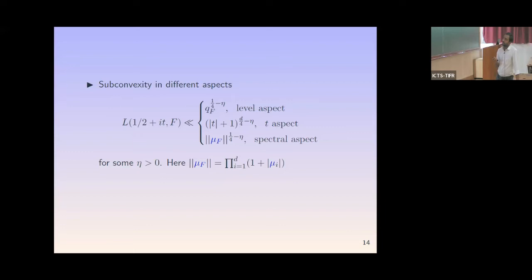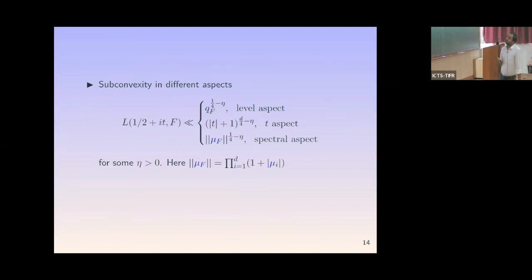If you vary this parameter t, so half plus i t, where t is large, going to infinity, and get subconvexity in that aspect, we call it t aspect. And if you are interested in varying the spectral parameters, which are the real parameters of the form f, then subconvexity will be known as spectral aspect subconvexity, and we will be focusing more on this in the later part of my talk.